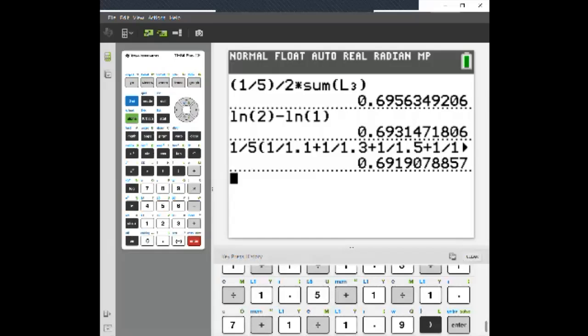And you can see we have 0.692 as our approximation.